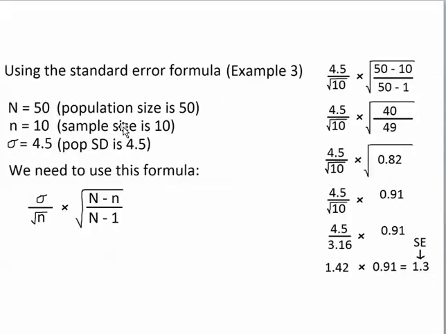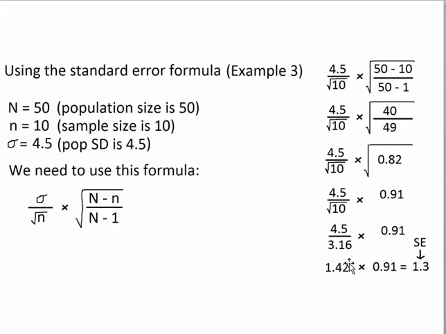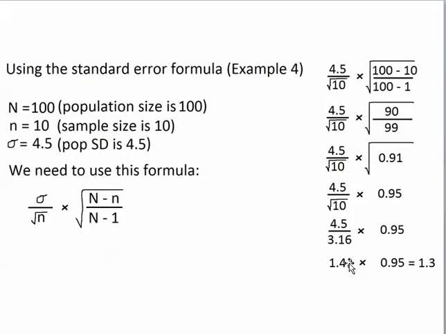So I need to double check this for a second. 50, 10, and 4.5. Oh, so they come out to about the same. Just when you round it, they come out about the same. Here with the population size of 200, these two stayed the same, but the population size went up to 200. It changed a little bit.